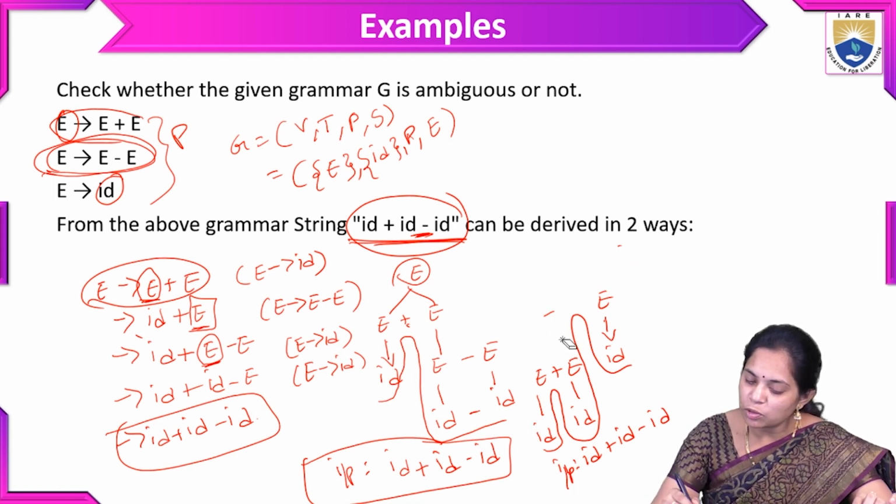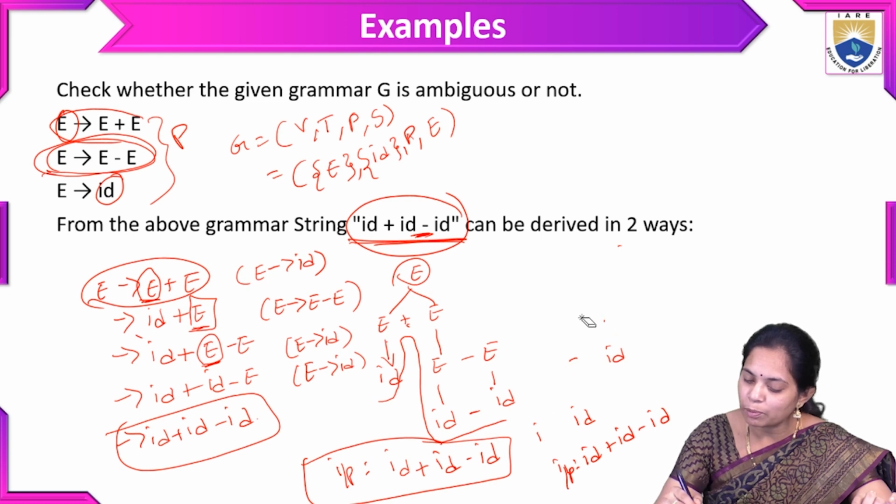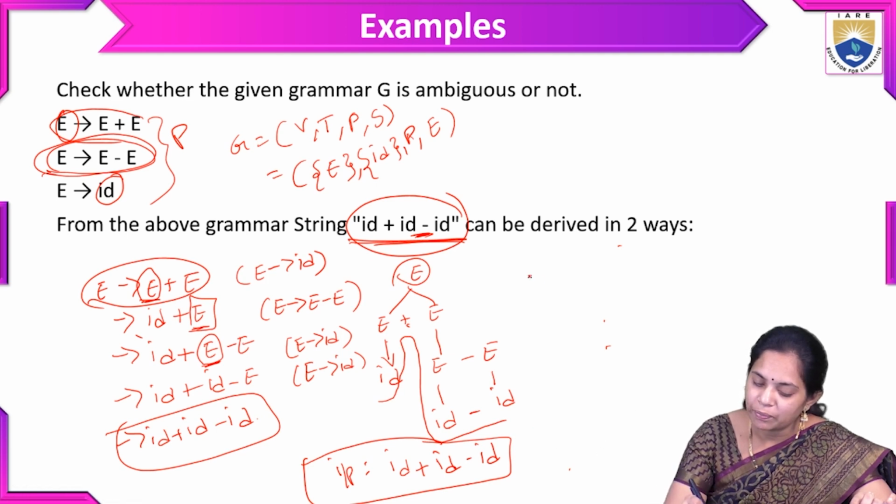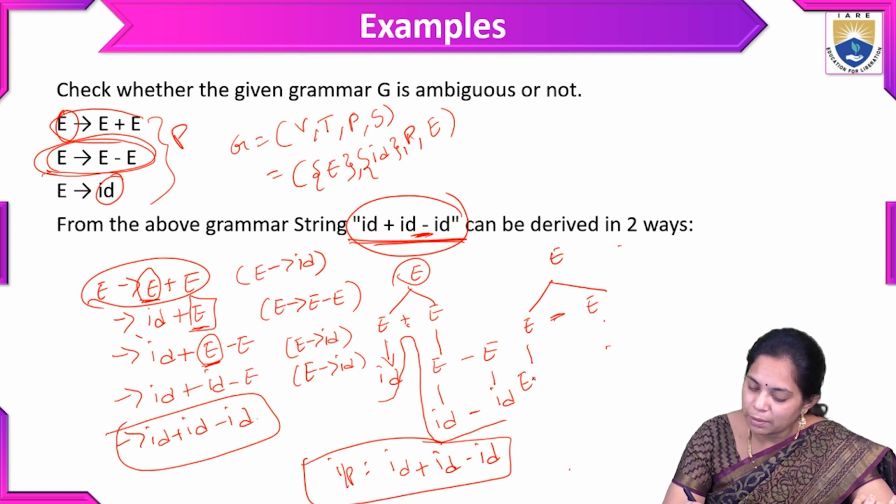With the leftmost derivations, we can form one more derivation tree for the same input string. So E tends to E plus E. Here E tends to E minus E we will take, and after this E plus E we are writing, and this is also a leftmost derivation.